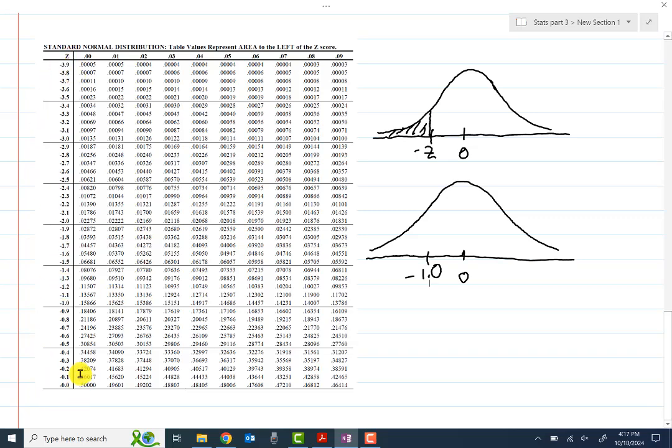So this on the vertical gives you one decimal place, and the rest of these numbers give you the second decimal place. So what I wanted was right into this spot here. You should have the table handy with you so you can see that right next to negative 1.0, we had 0.15866.